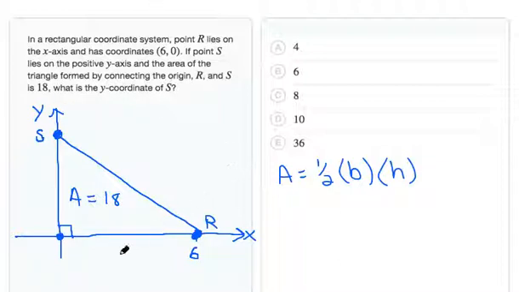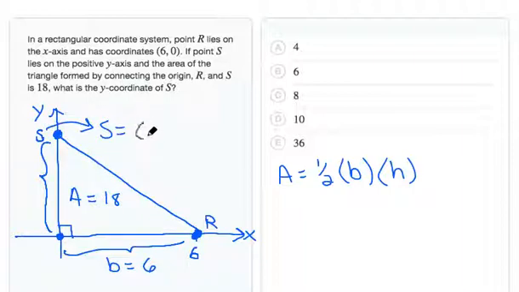We can call the distance between the origin and R the base of our triangle. Since R lies at (6, 0), this distance, our base, is going to equal 6. But this height right here, which would be along the y-axis, corresponds to the y value of point S. So let's say S has coordinates (x, y).